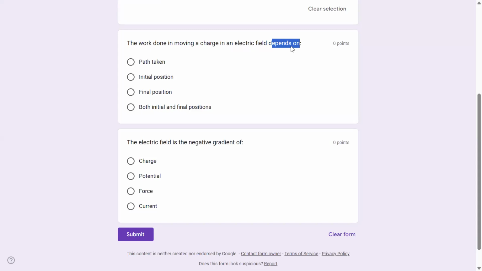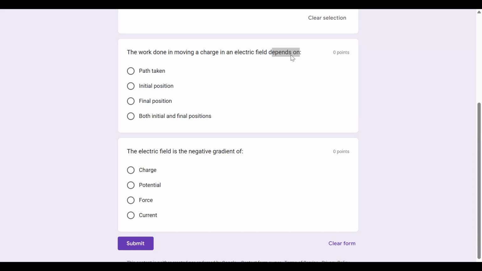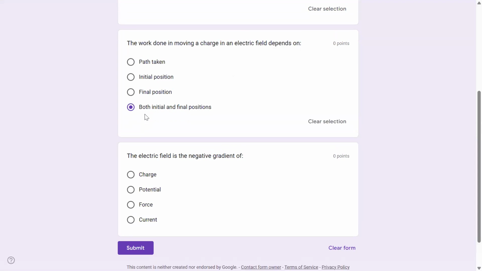Which one is correct? Option D. Very good. Both initial and final position. So the work done depends on the initial and the final position.